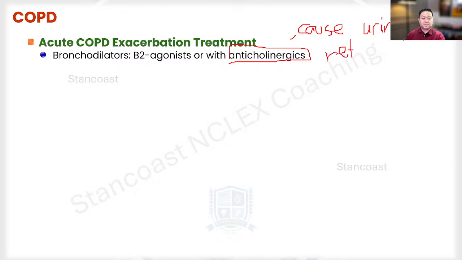So this might be asked in the NCLEX regarding what side effect you will be expecting in this patient that will be using the anticholinergics. Again, this will cause urinary retention and will often complicate when your patient has a history of benign prostatic hypertrophy. Okay, so all the more that they're going to have some problems with the urinary retention if they're using the anticholinergic. All right, so I'm just throwing it out there just in case.